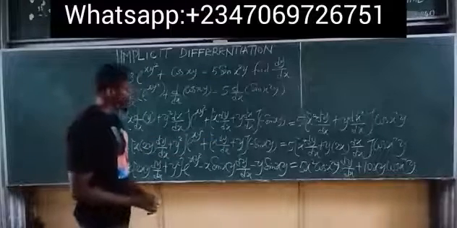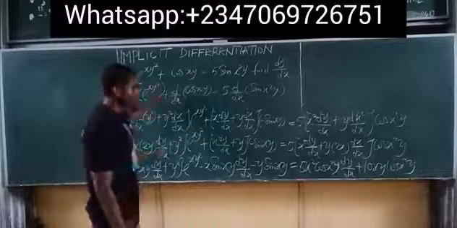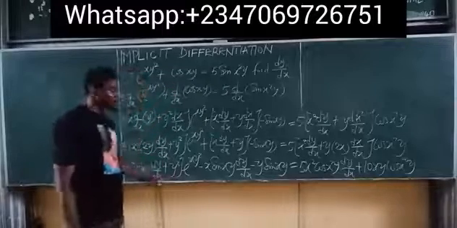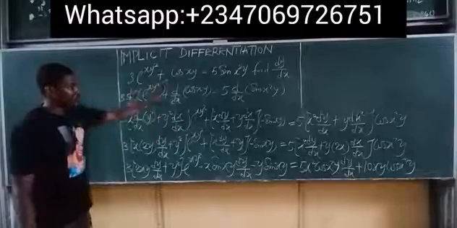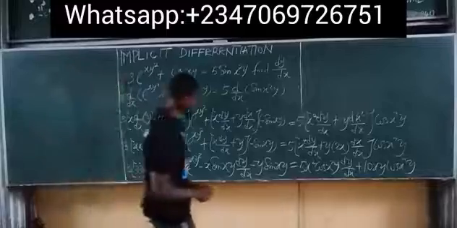So I think I should wipe this top because this equation is very long. I can't do that over here, so I'm going to wipe this top now and then continue.